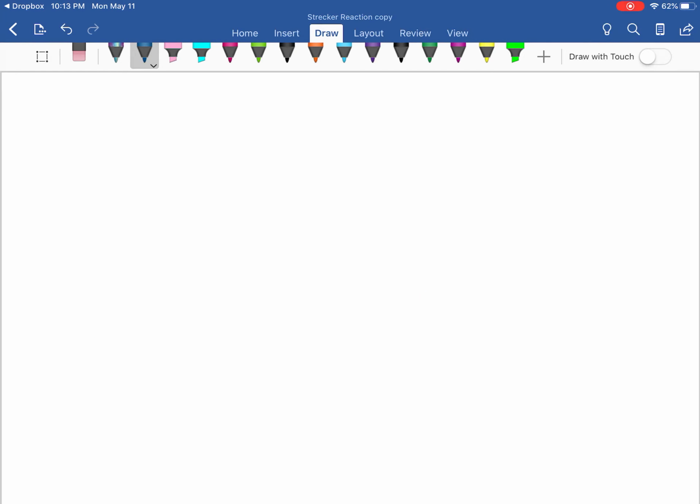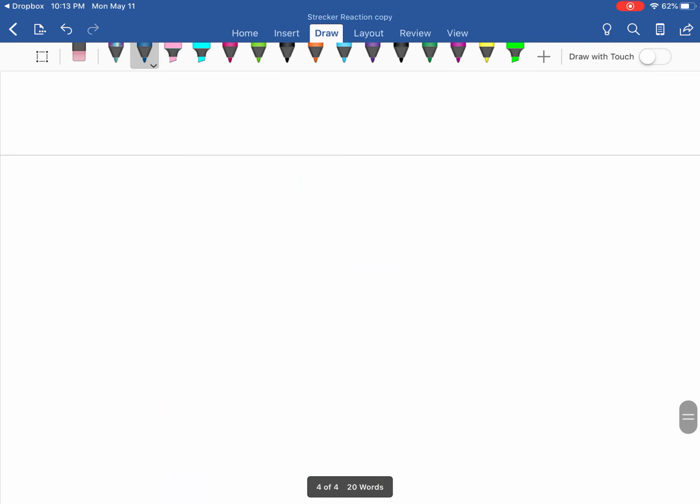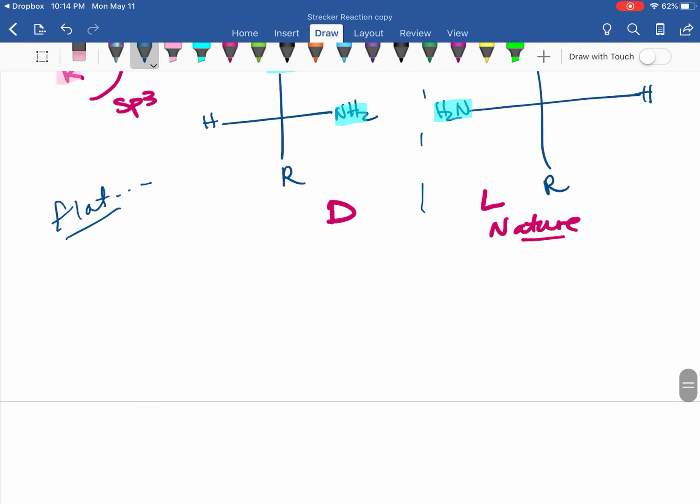We know they're not flat. So how do you actually picture a Fischer projection? This is the weird thing. So our groups that are on the horizontal bond, that is actually coming out at you. So let me draw that.